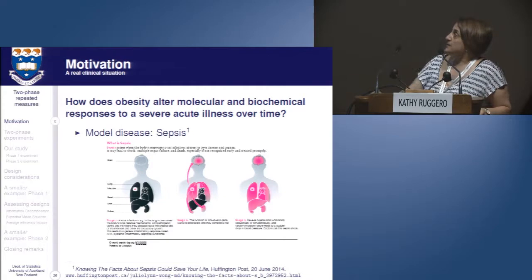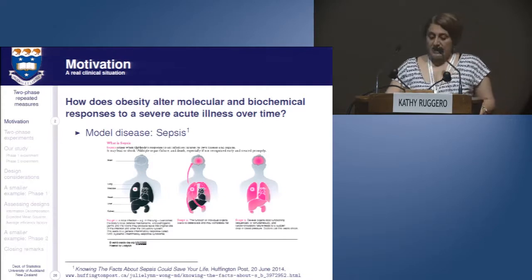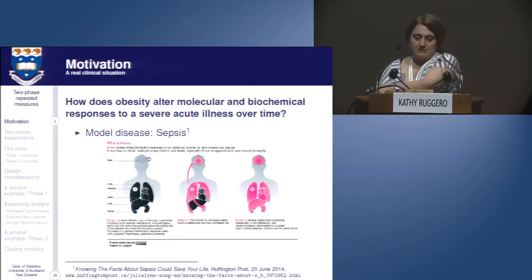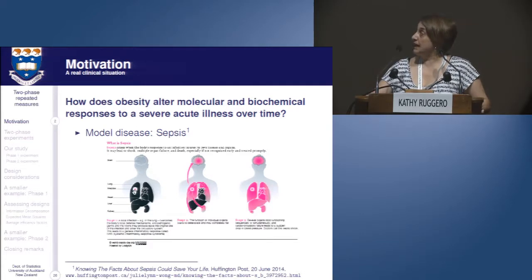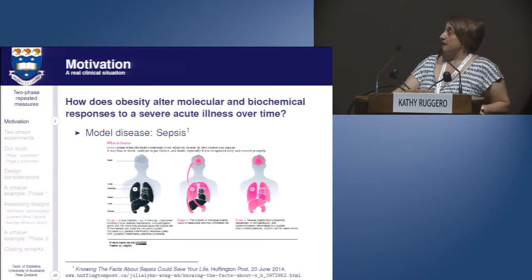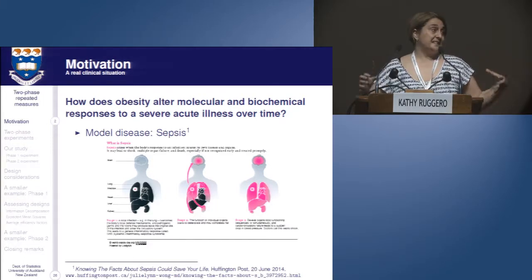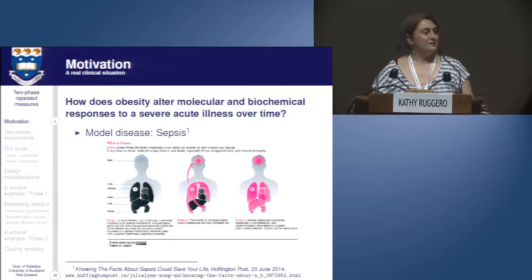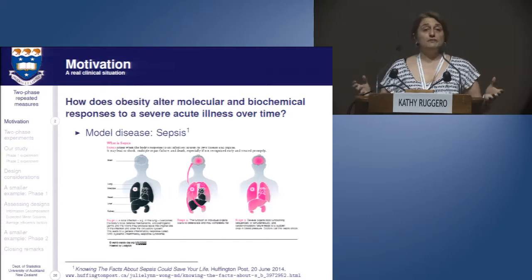Now, what happens with sepsis is that we start off with a localized infection here in the lung. Those toxins from that infection then spread and go into the circulatory system. Those toxins then cause a global inflammatory response.